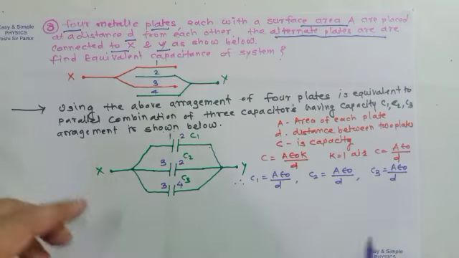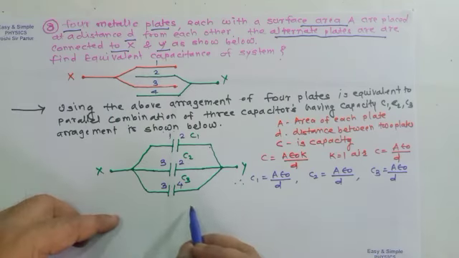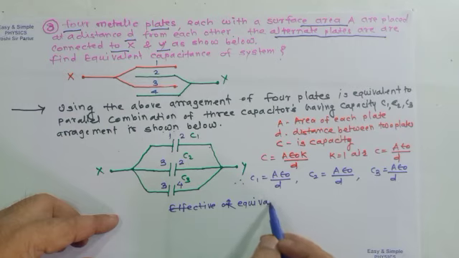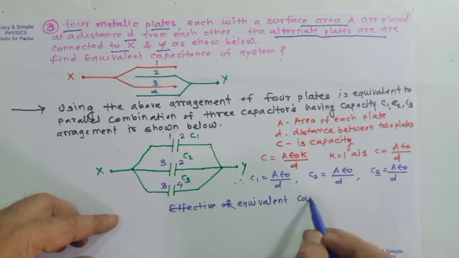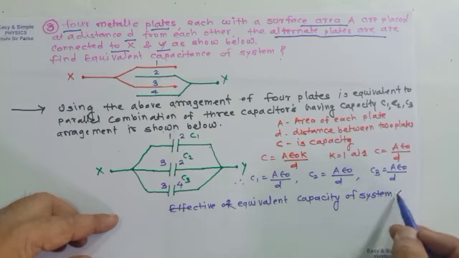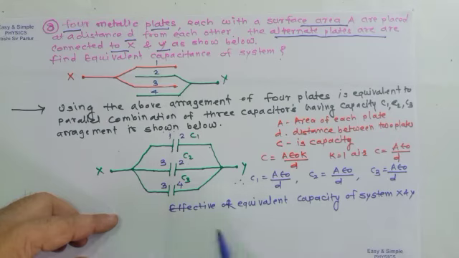So they are connected in parallel. For parallel combination, effective or equivalent capacity of system X and Y, C is equal to C1 plus C2 plus C3.